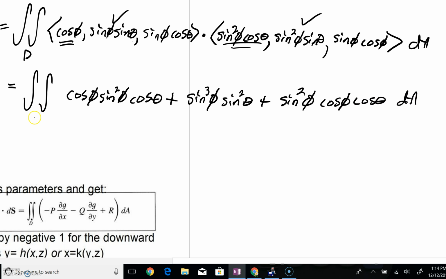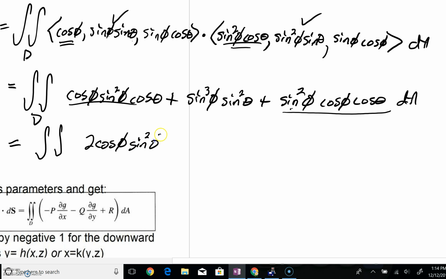And of course, right here, if you're really on your toes, I think there are some like terms. These two together right here are actually like terms. So I'm going to really just get close to finishing this thing up. We're going to have a 2 cosine of phi, sine squared of phi, cosine of theta. Those two joined together.